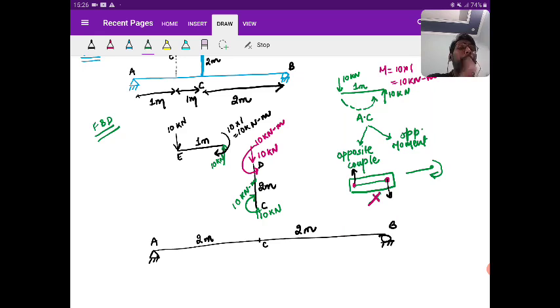That's why I'm applying the opposite moment at C. Is it clear now?